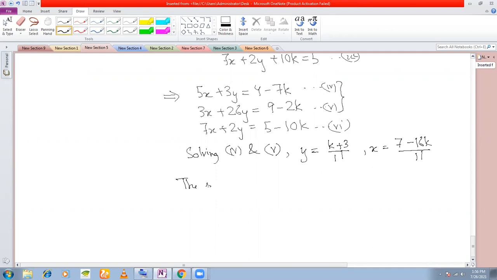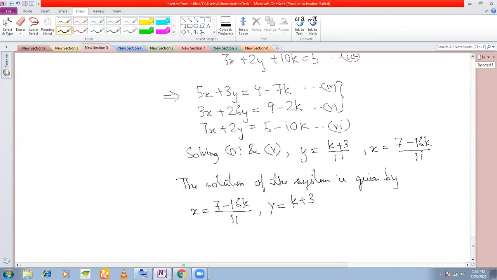The solution of the system is given by x is equal to 7 minus 16k by 11, y is equal to k plus 3 by 11, and z is equal to k, where k is any real number. You'll get infinite solutions because there are infinite real numbers.